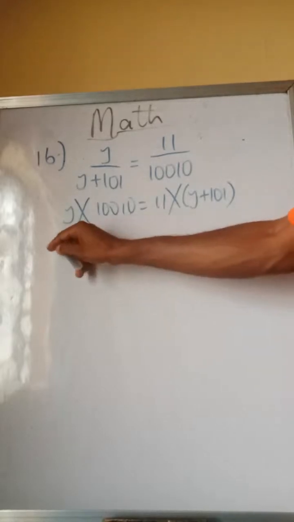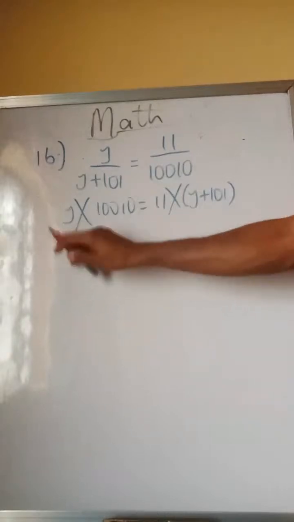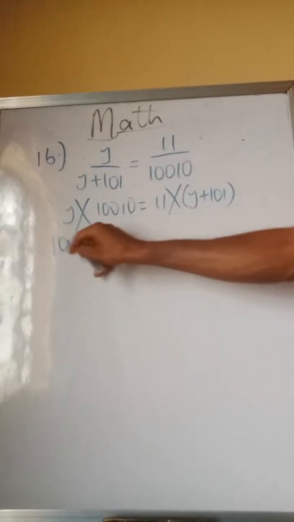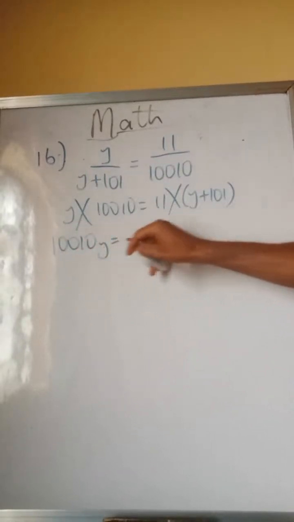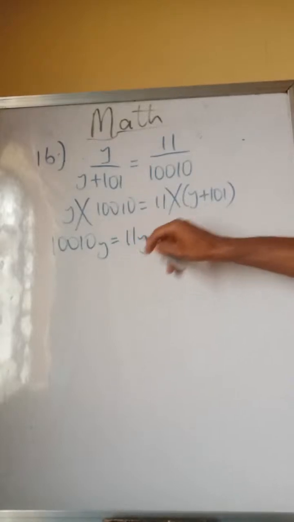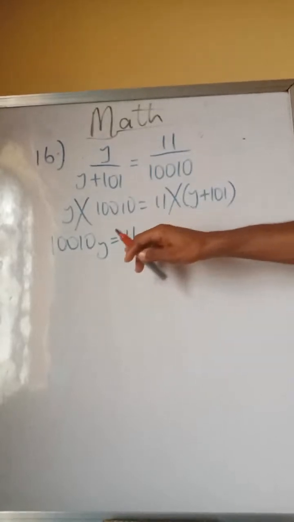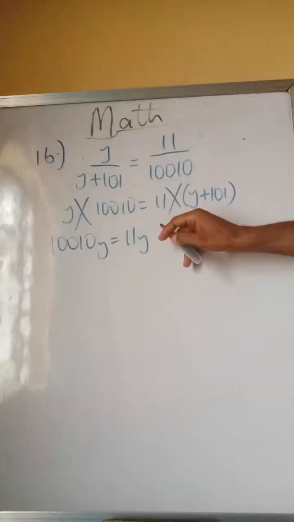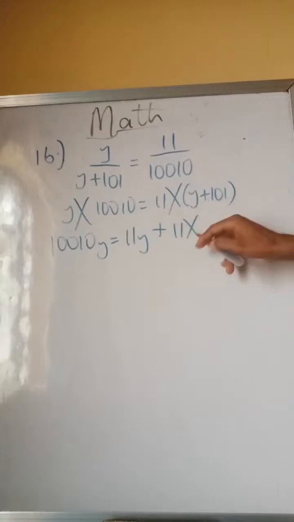So this is y, we have 1001 y equals 11y. Well, it's base 2, so I'll prefer to call it 11. Now plus 11 times 101.